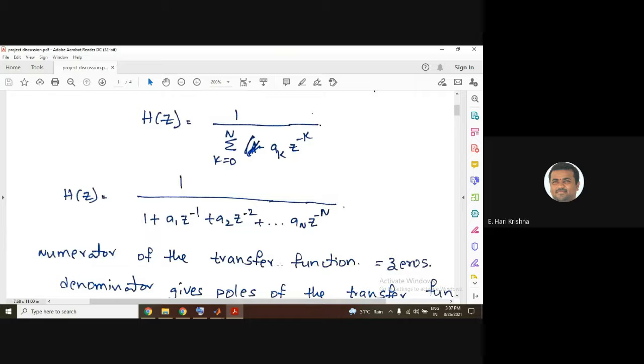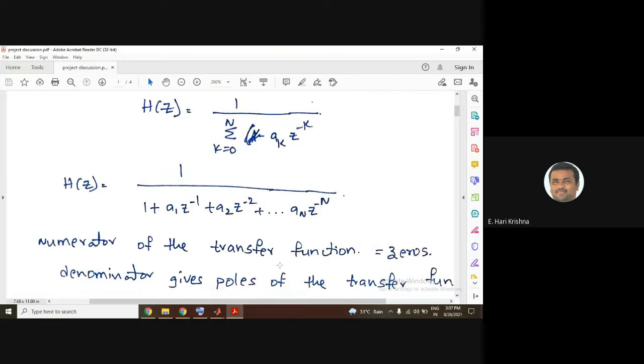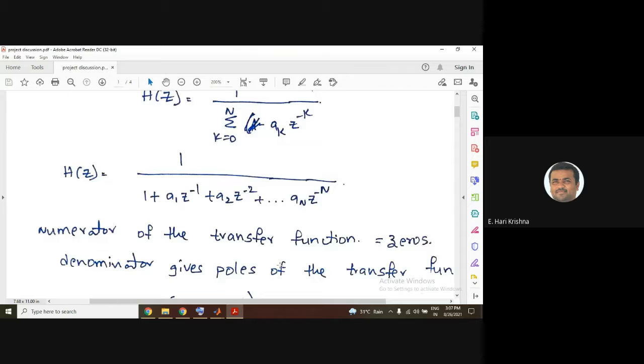Similarly, the denominator gives the poles of the transfer function. Equate the denominator to 0, get the roots of the polynomial. Those roots are called poles of the transfer function.